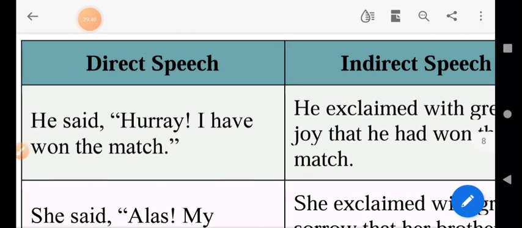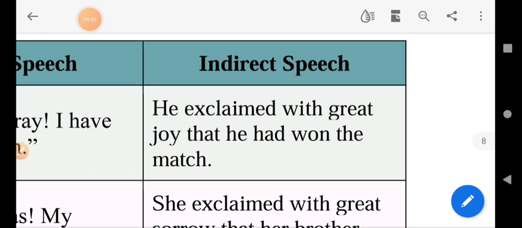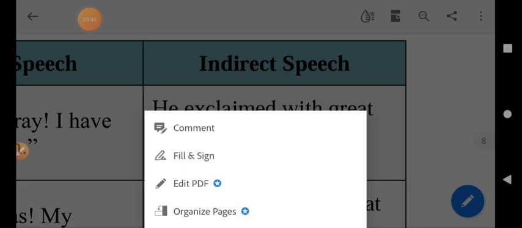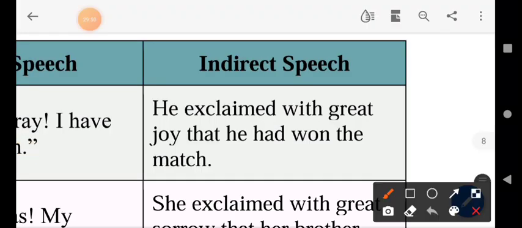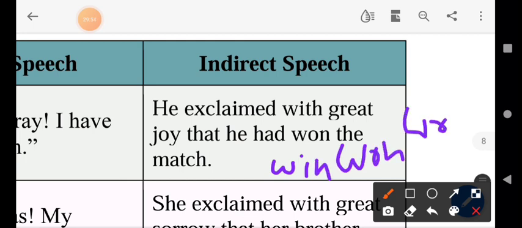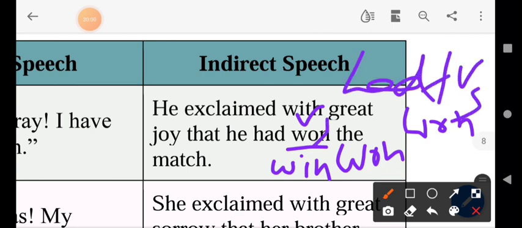"I have won" is present perfect tense and changes into past perfect tense. He had won the match. Win, won is V2, V3. Had plus V3 is past perfect tense.